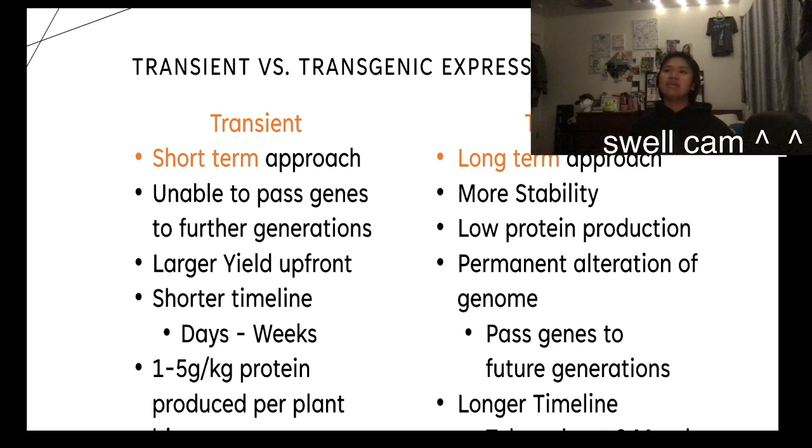But you will have a consistent and more stable protein production, which can pose as a long-term higher yield protein production rather than having a high production of protein up front. So this has a lower protein production up front in the transgenic aspect.